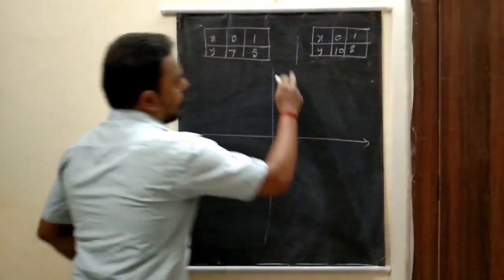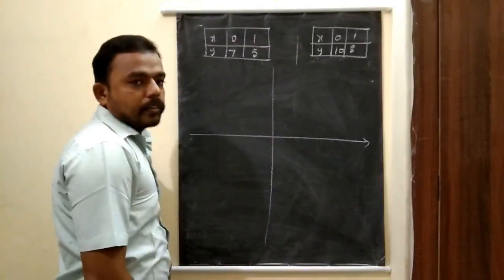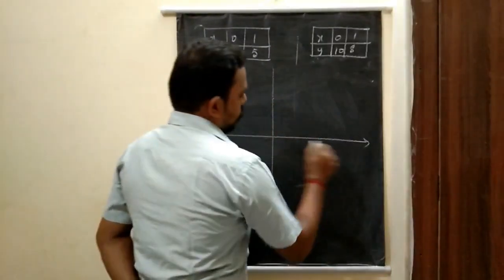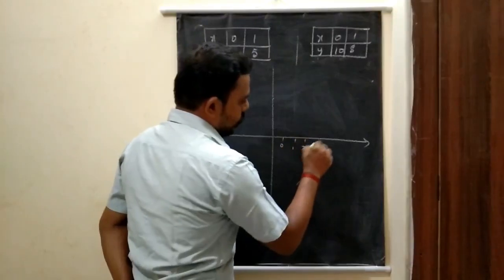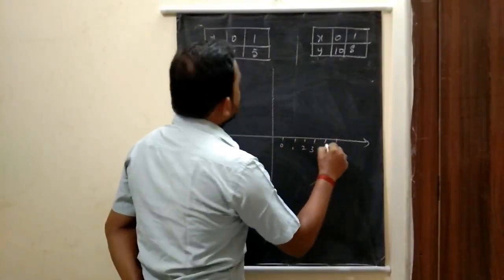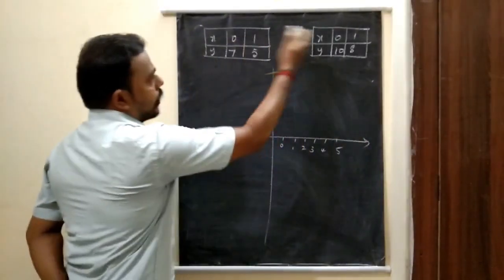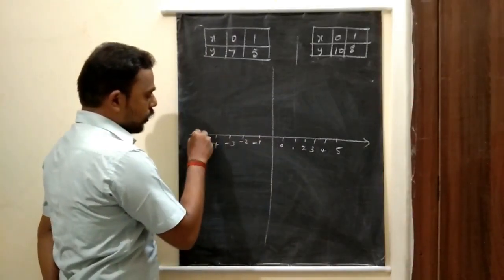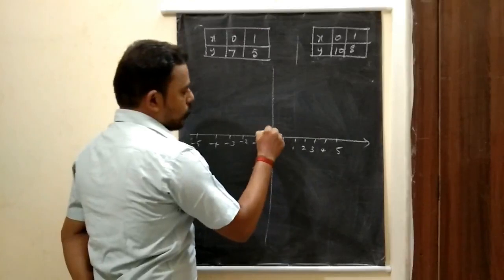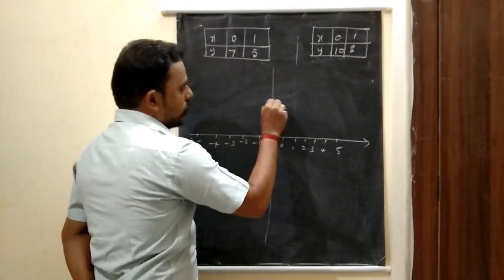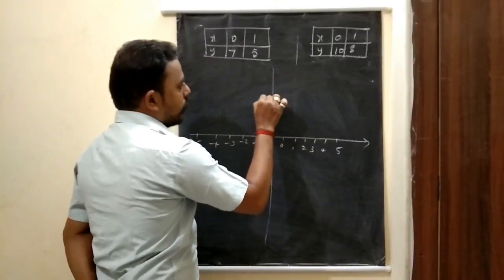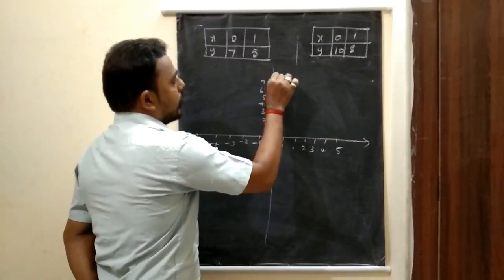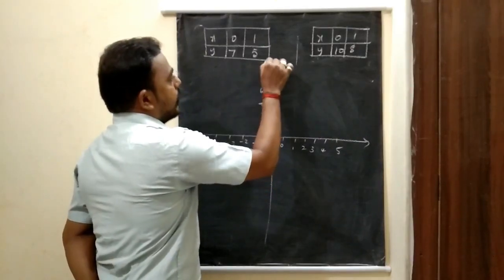For that, here values up to 8, 10 like this. So for that 0, 1, 2, 3, 4, 5, x value becomes 0 to 1. So here minus 1, minus 2, minus 3, minus 4 and minus 5. Here 1, 2, 3, 4, 5, 6, 7, 8, 9, 10.